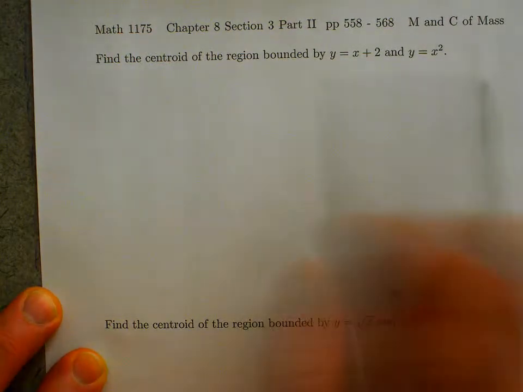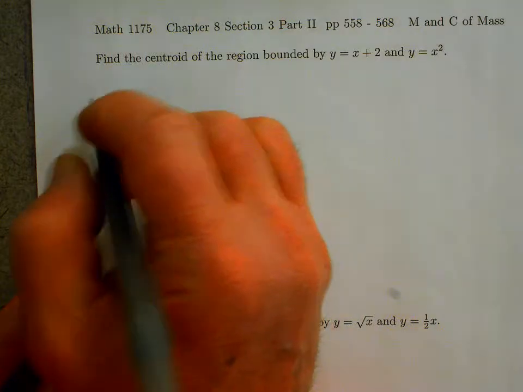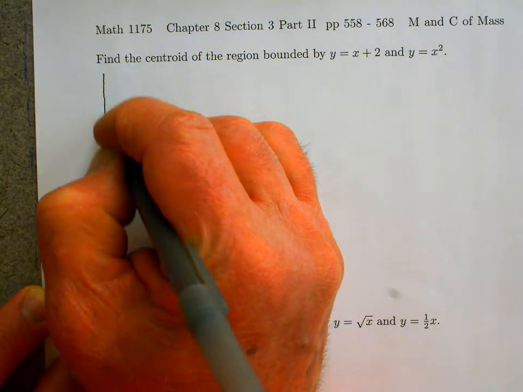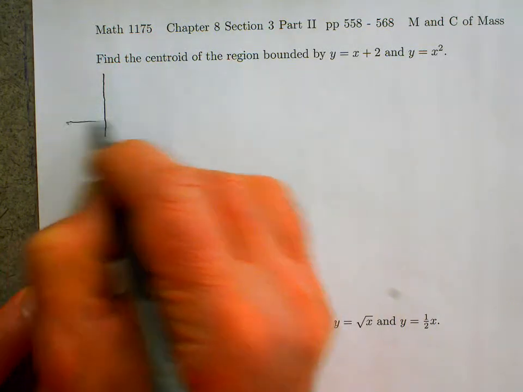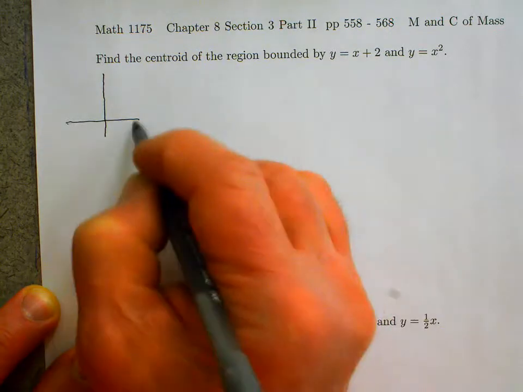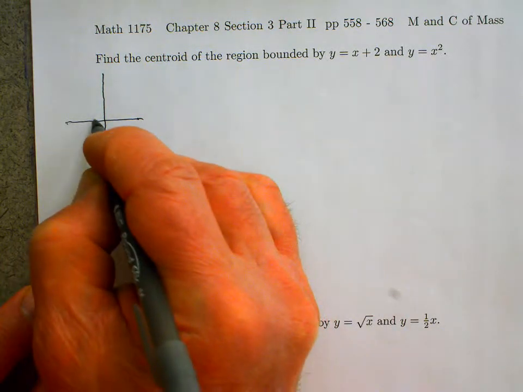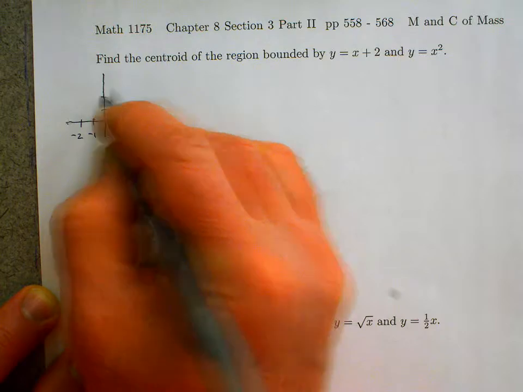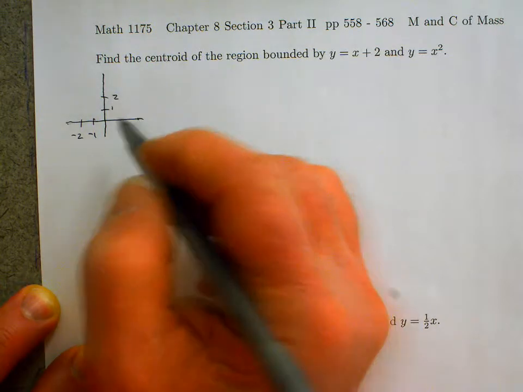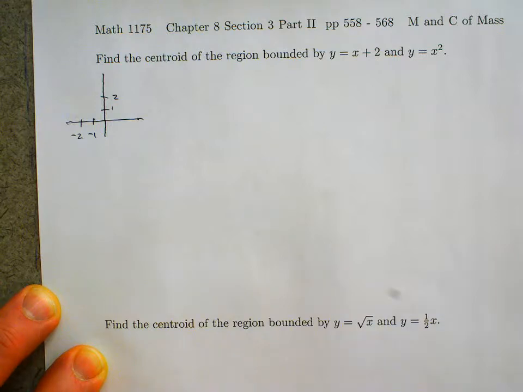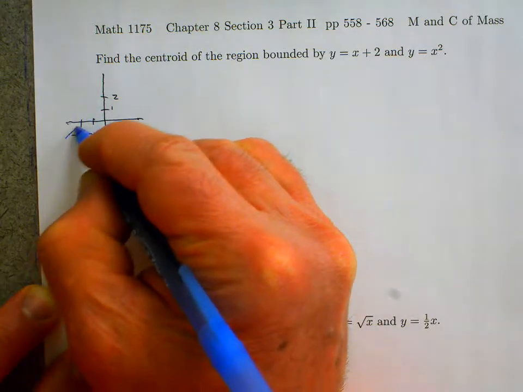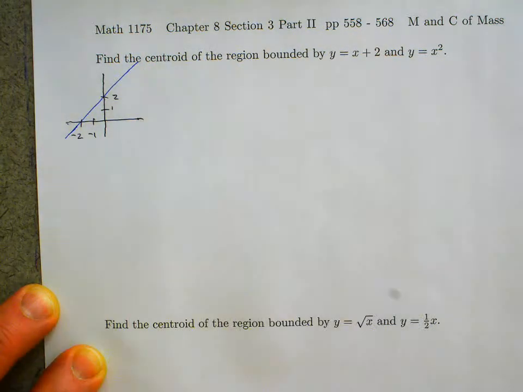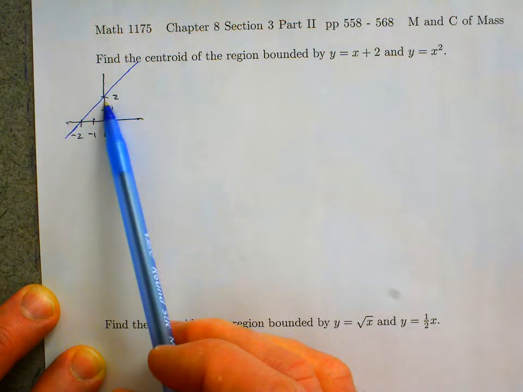This one's simple enough that we can just sketch a graph of both functions and answer those questions. The graph of y equals x plus 2 has slope 1 and a y-intercept at (0, 2).